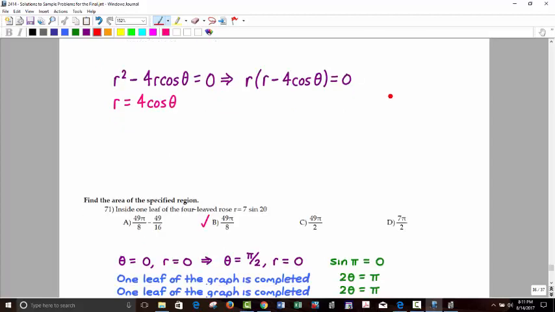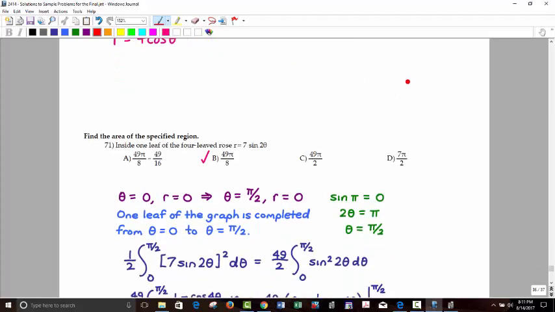There we go. Now, number 71 and 72 involve finding the area inside one leaf of a 4-leaf rose. Now, we don't need to know how many leaves there are to find the area of one leaf.